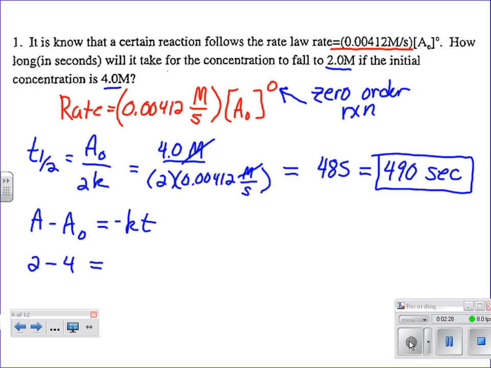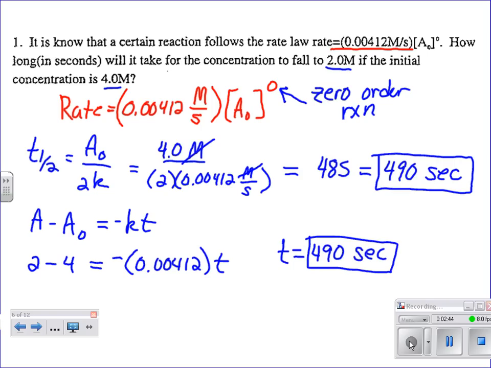It's going to be 2 minus 4 equals negative, our rate constant is 0.00412 times our t. When you solve for t, you again get that 490 seconds. So both of those are perfect ways to go through solving a problem like this. The important thing that you do up front is that you understand that this information is letting you know that it's a 0 order reaction.